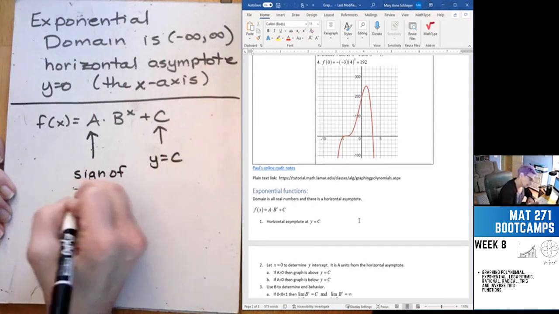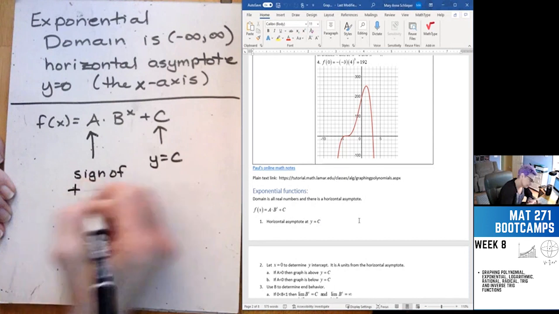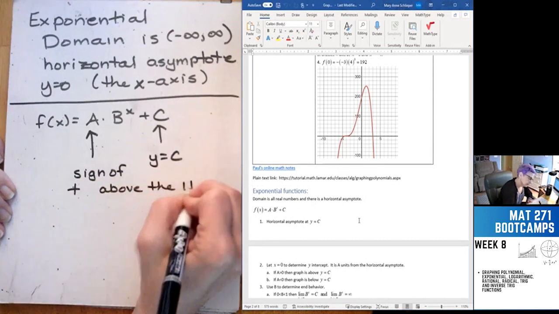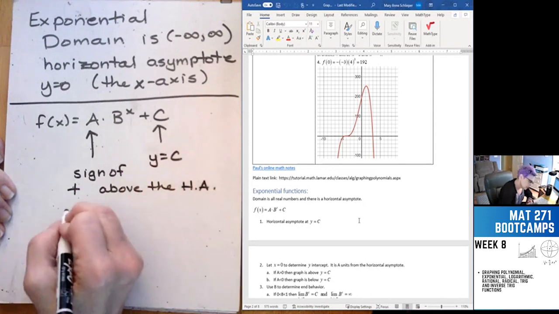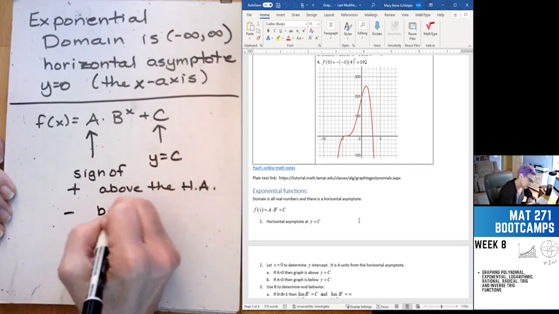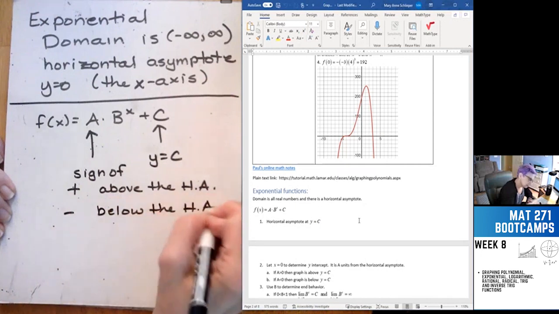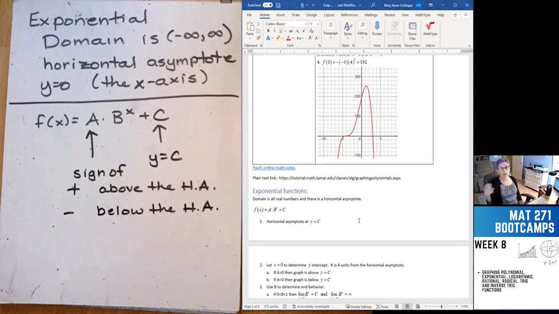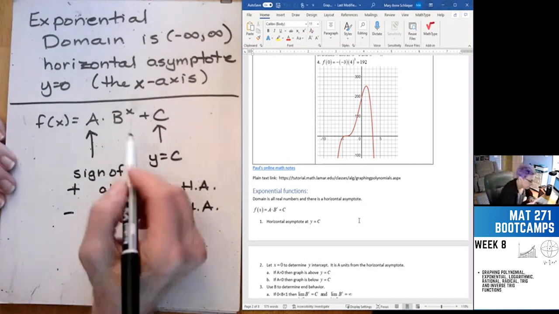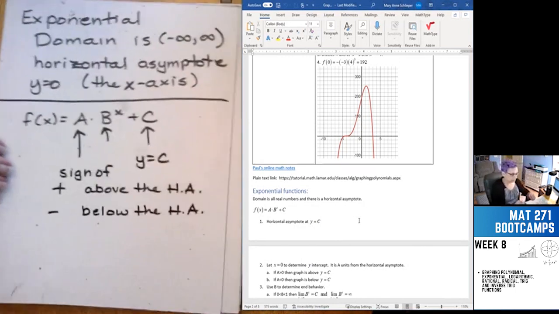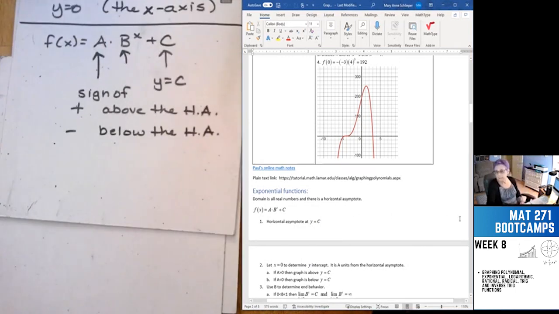If a is positive, then you're above the horizontal asymptote. If it's negative, then your graph is below the horizontal asymptote, and it will never cross its horizontal asymptote. It's either completely above or completely below. B will tell you about the end behavior. So let's look at one.